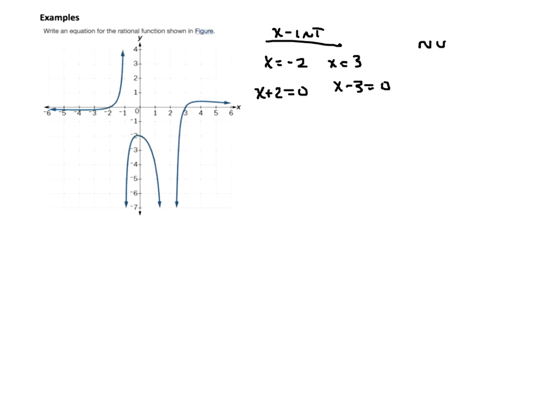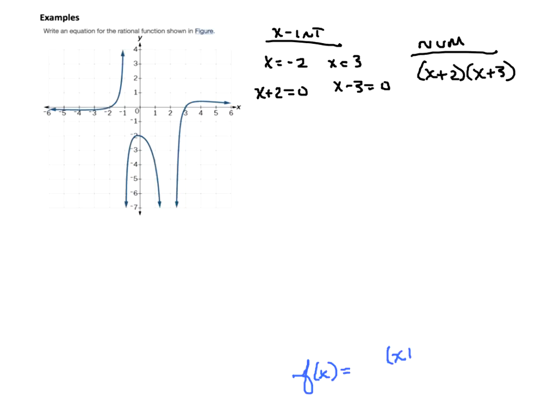So if I subtract 2 from both sides, I get x plus 2 equals 0. And if I add 3, I get x minus 3 equals 0. This means my numerator had to have the factors x plus 2 and x minus 3 in them.